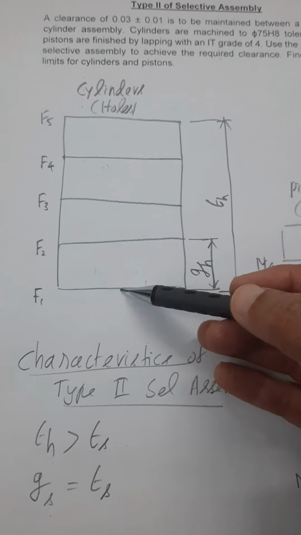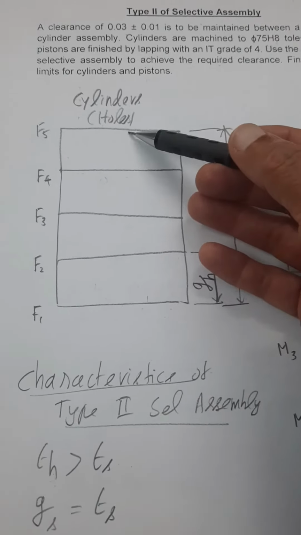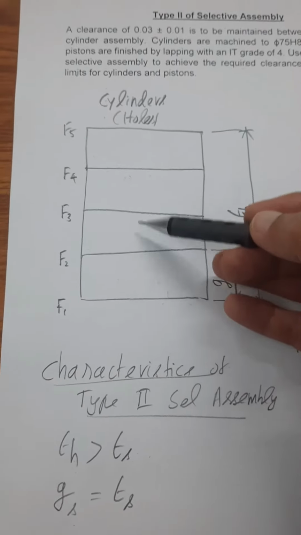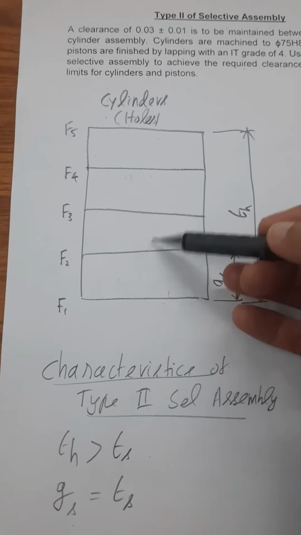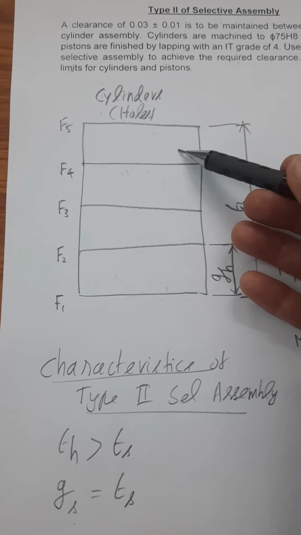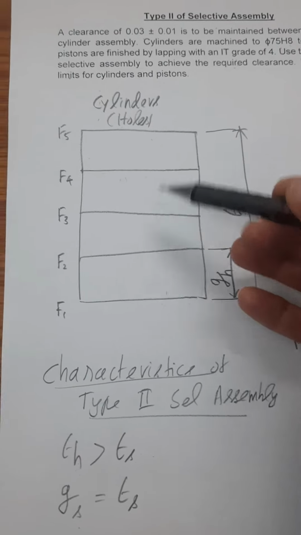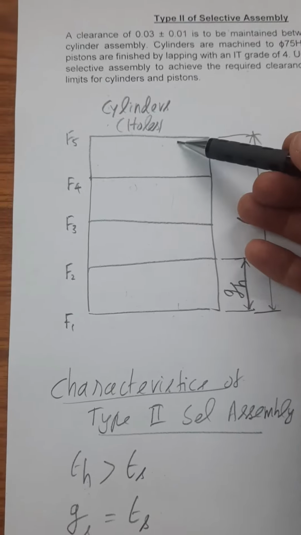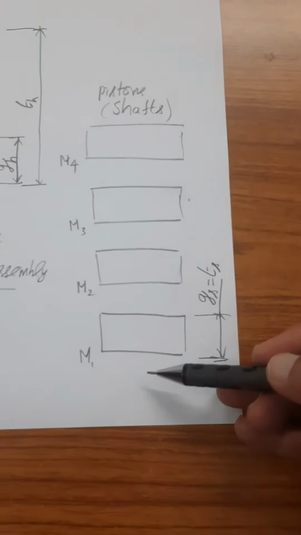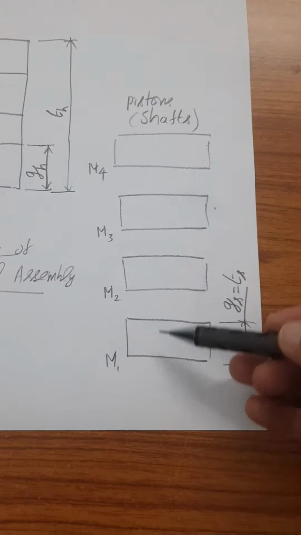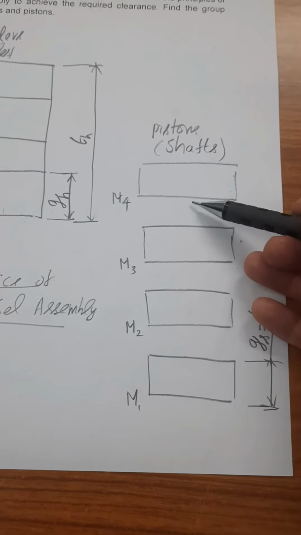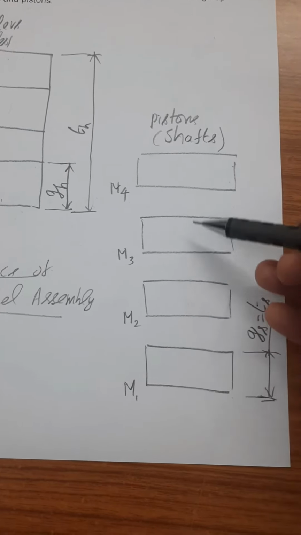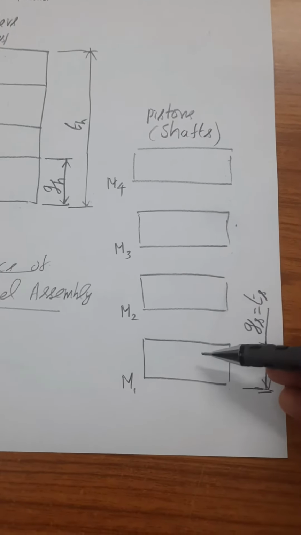On manufacturing the 1000 cylinders within a tolerance of 75H8, we have to measure each and every cylinder and group the cylinders according to the sizes. Then we have to arrive at the group limits of each group of pistons. Only on arriving at the group limits of each set of pistons, we start manufacturing the pistons.